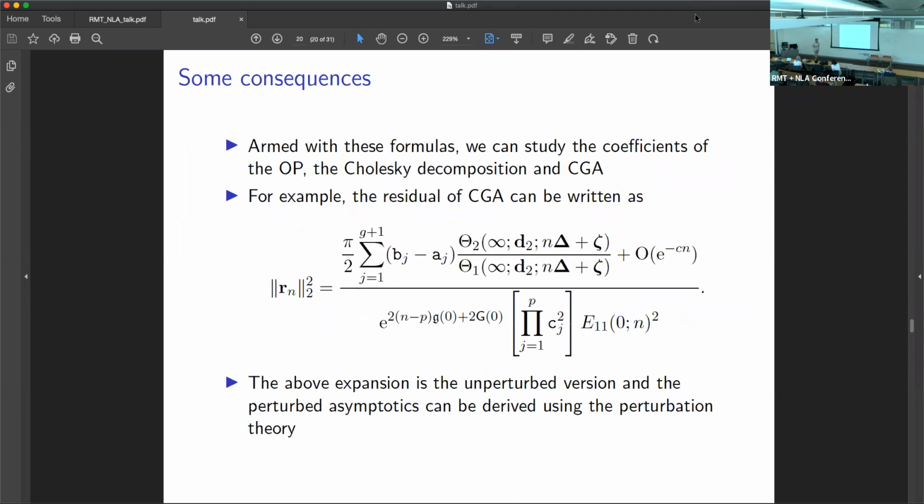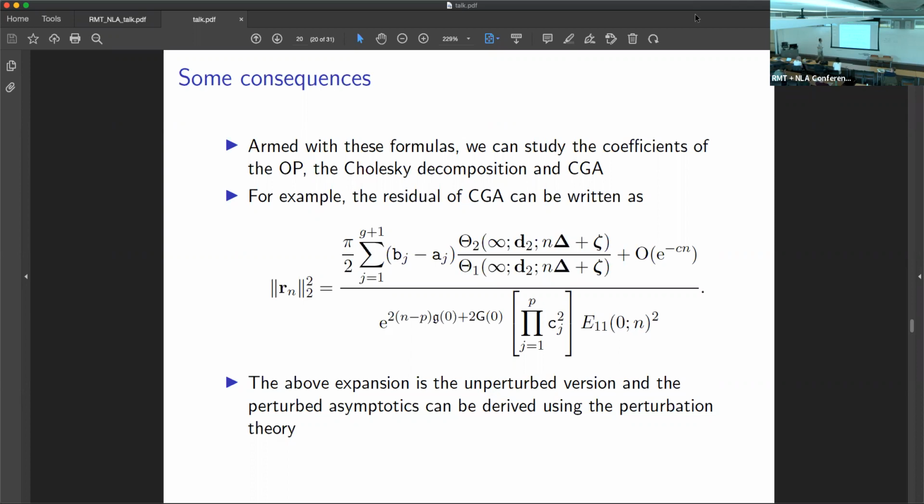After knowing this perturbation theory of orthogonal polynomials, we can come back to study various numerical algorithms, like CGA, the trace space decomposition, or the Lanczos iterations. Many algorithms we can study.